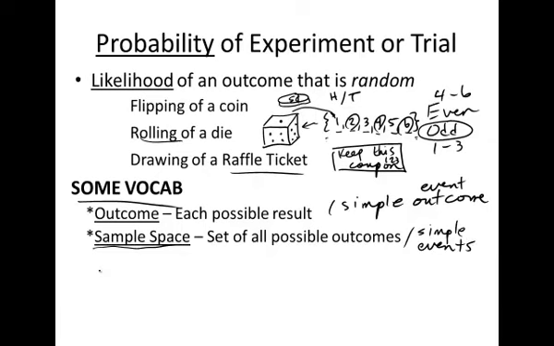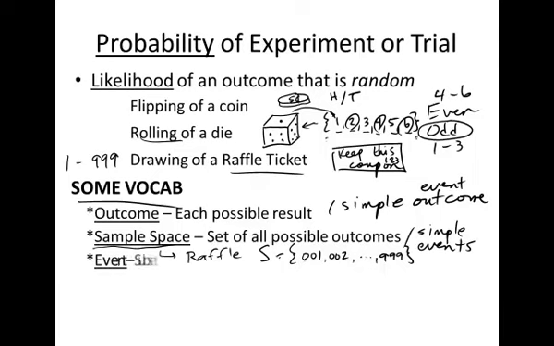So if the raffle ticket numbers go from 1 to 999, so let's say there's 999 raffle tickets, then the sample space for the raffle example, S, is equal to the ticket that says 001, 002, all the way up through 999. So that's the sample space for the raffle.